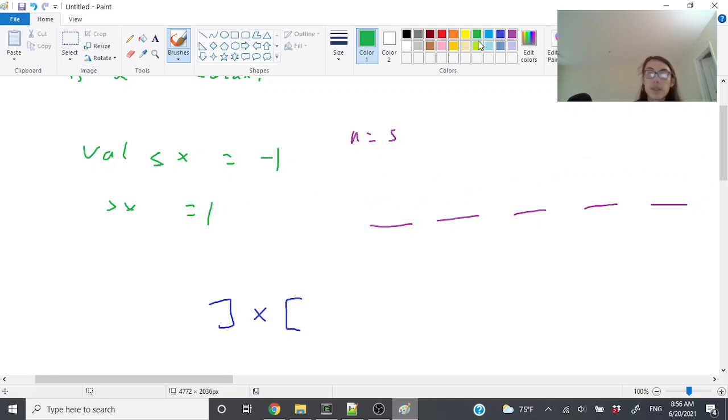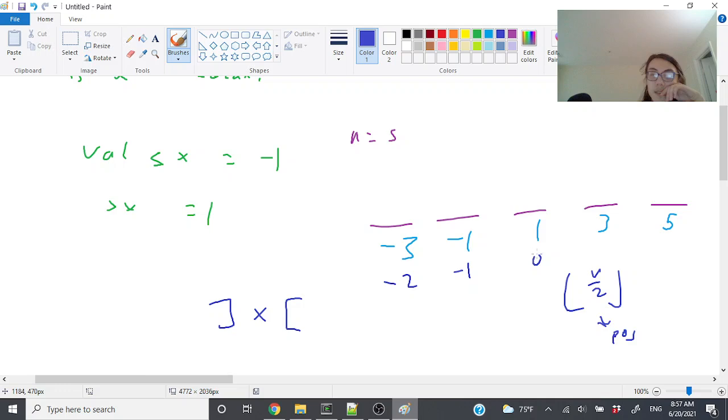If we're in this position, we're greater than or equal to 5 values, so this position is 5. Here we're greater than or equal to 3 values, so this position is 3. Here 1, here -1, here -3. If we take this value and floor it, this gives us the distance from the center. So the floored values are -2, -1, 0, 1, 2, which is of course what we expect.